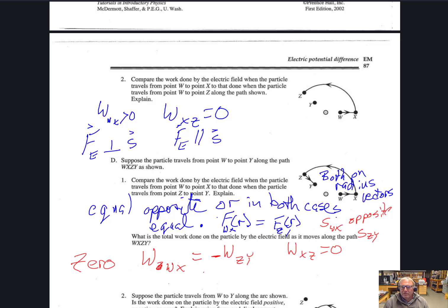So work total equals work WX minus work WX plus work XZ equals 0.